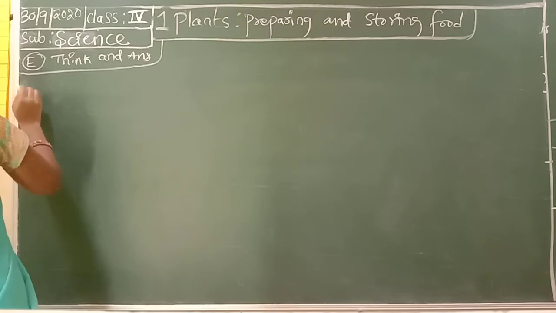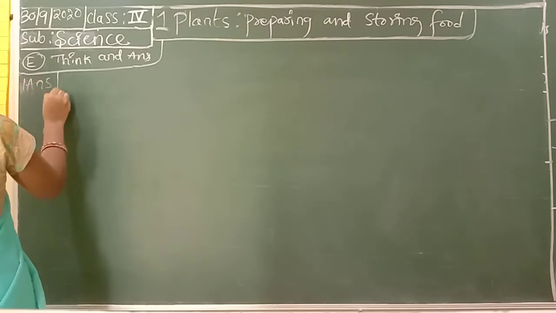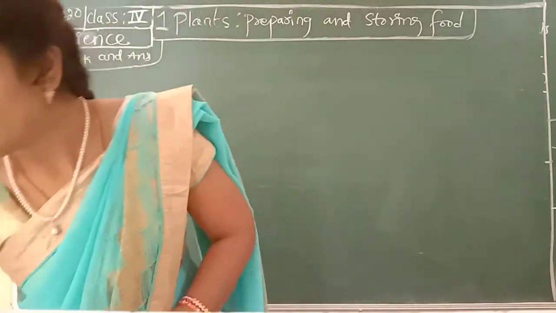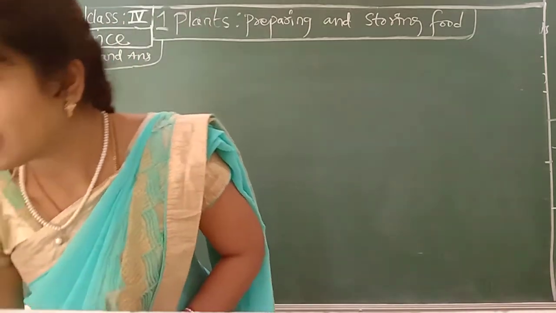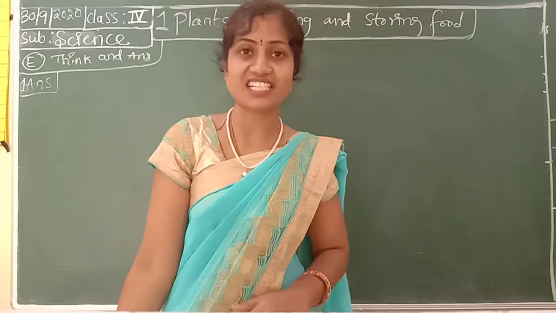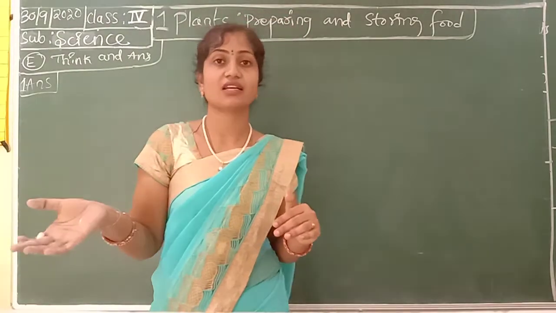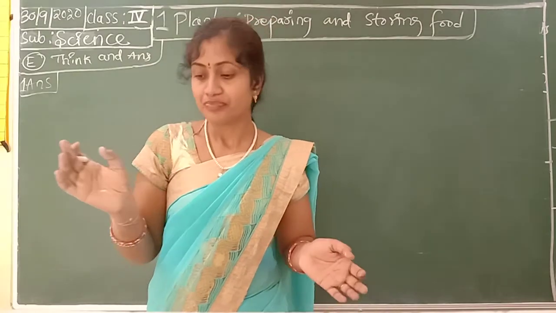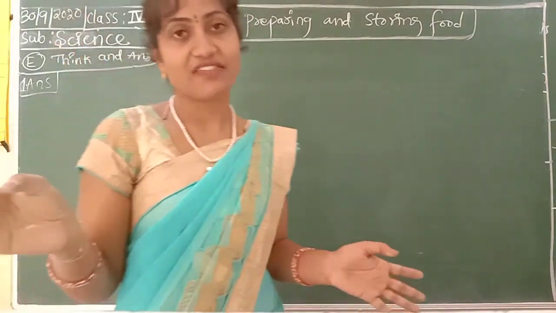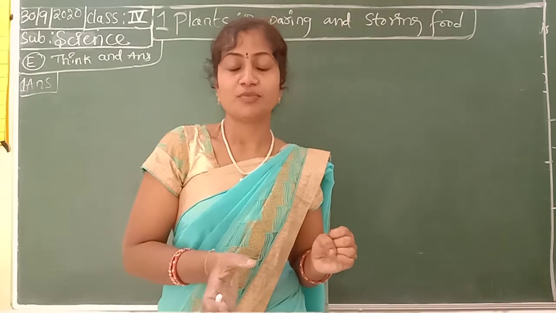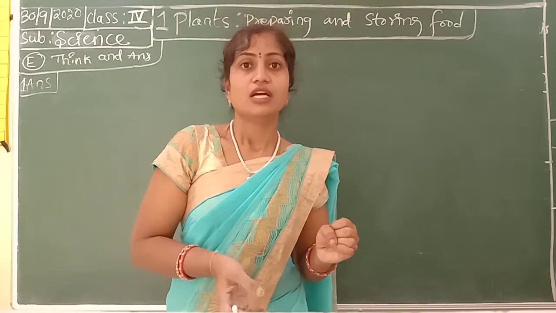First answer. What is the first question? You have to read that first question. The leaves of a plant kept in the dark do not produce starch. Why? Because we already know the food preparation process is called photosynthesis.